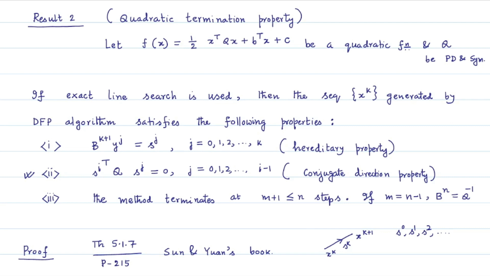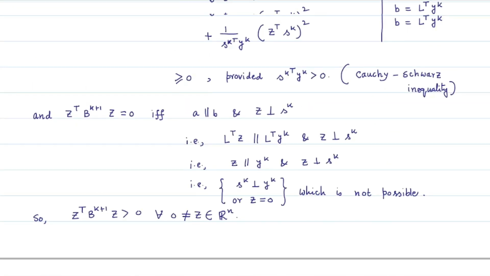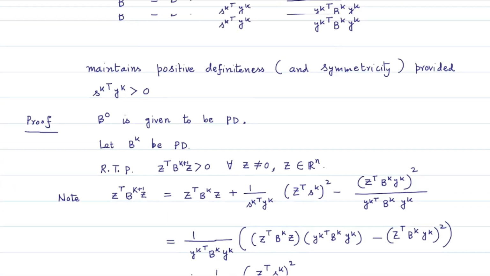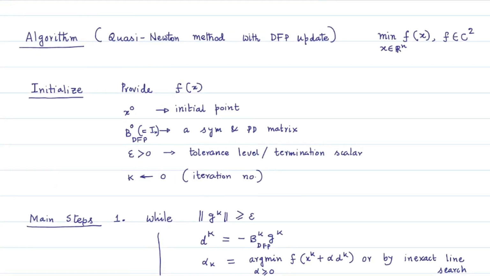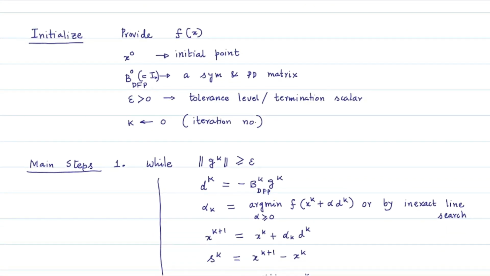In the BFGS algorithm, we have just the DFP algorithm where the formula for Bk plus 1 is revised by Bk plus 1 BFGS. That is, in this algorithm, you please revise this Bk plus 1 DFP by Bk plus 1 BFGS, and you will get an algorithm that is called the Quasi-Newton method with BFGS update.